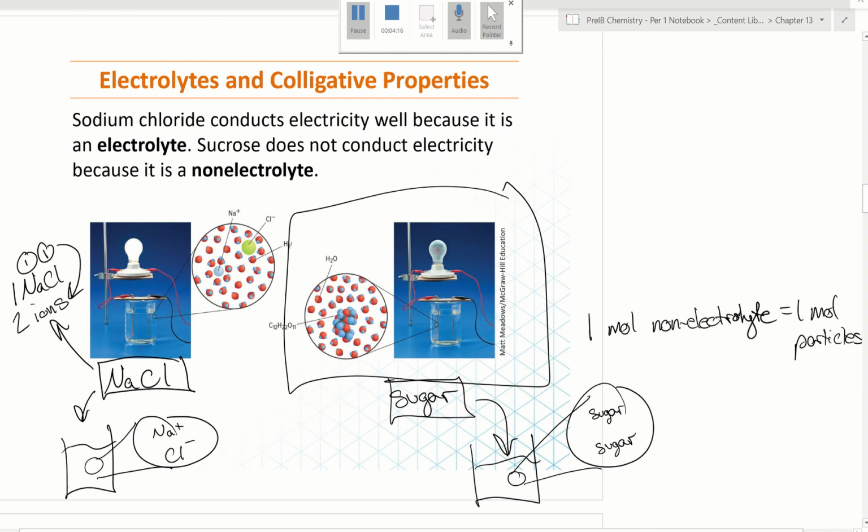Whereas 1 mole of an electrolyte is going to equal a multiple number of ions, or multiple number of particles.